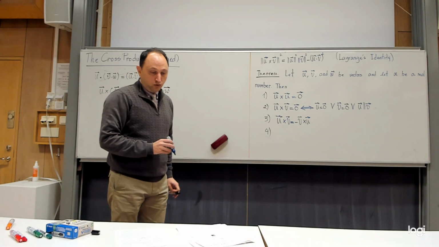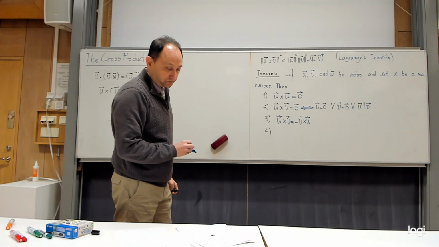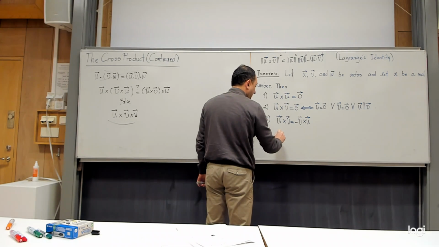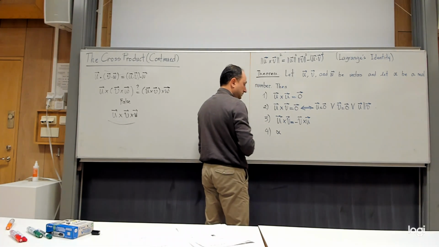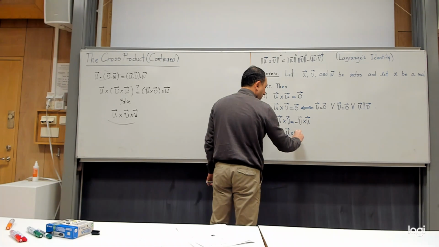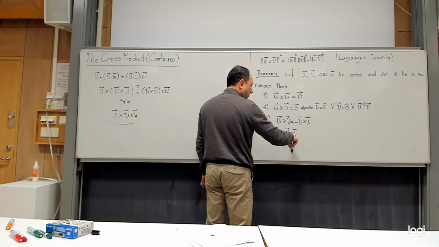So number 4 is very similar to what we had for the dot product. If I have a number alpha, and two vectors u and v, if I cross product them, it becomes a vector.